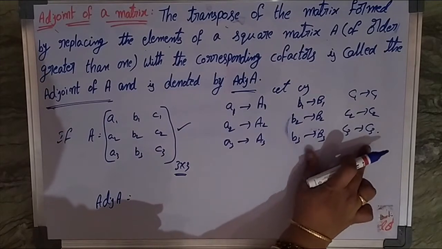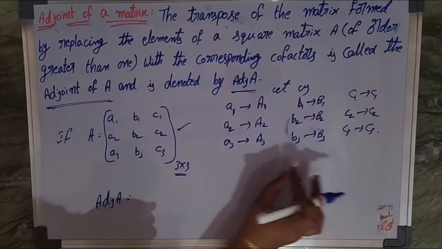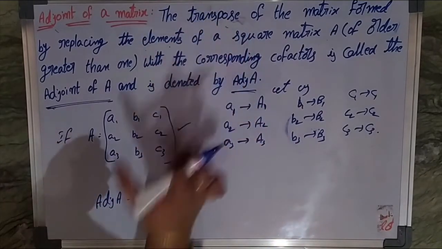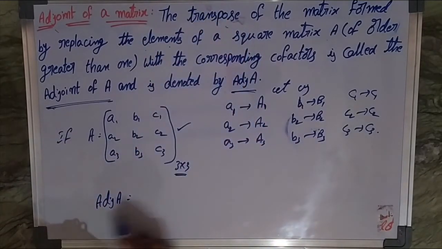Then the adjoint of A is this cofactor matrix transposed.